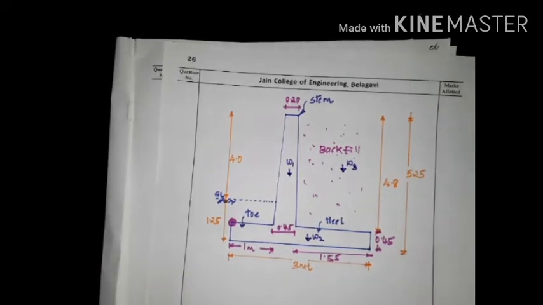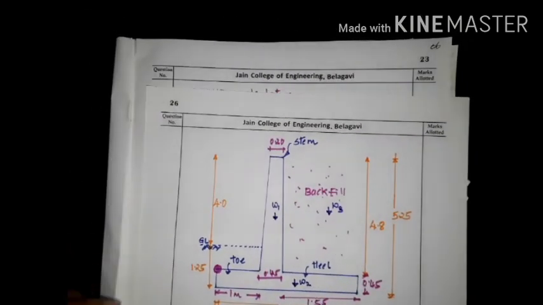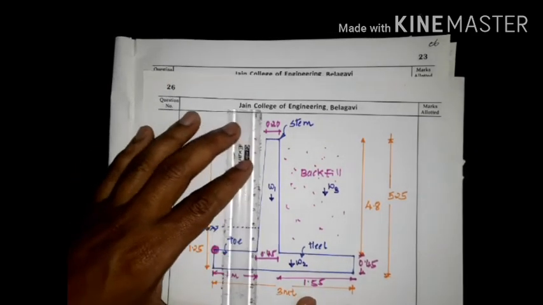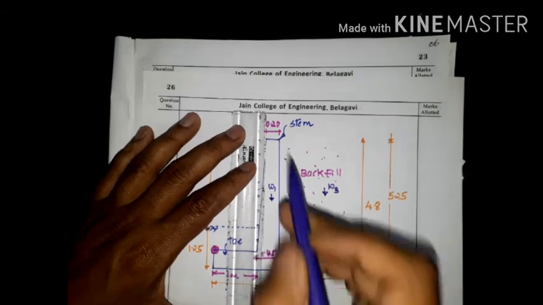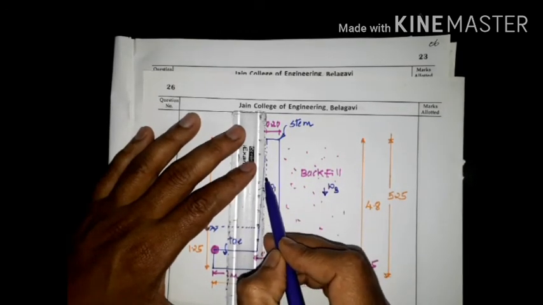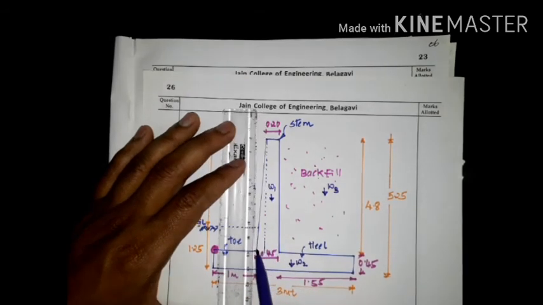W1. Okay. So for W1 here now, it is in trapezoidal shape. So I will divide this into two parts, that is one rectangular and one triangular.